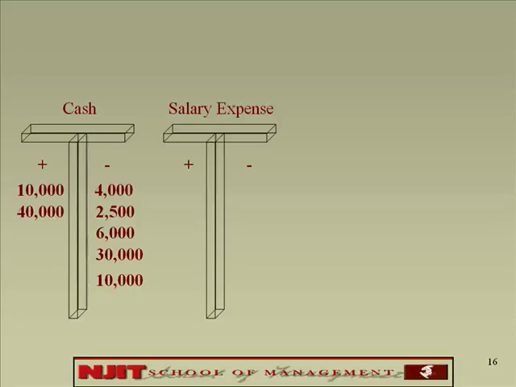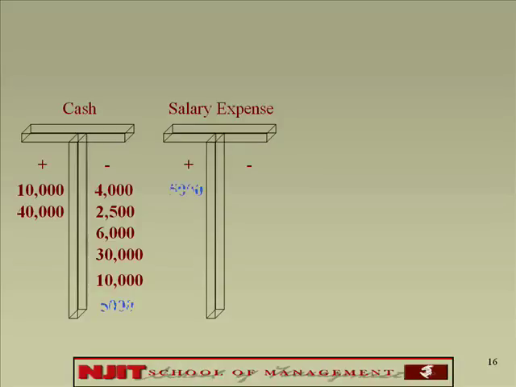So, cash goes down 5,000, and you have an expense, so expense is plus 5,000. So, let me repeat, it will be cash minus 5,000, salary expense plus 5,000.